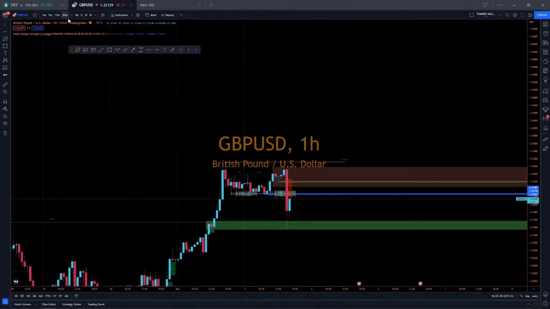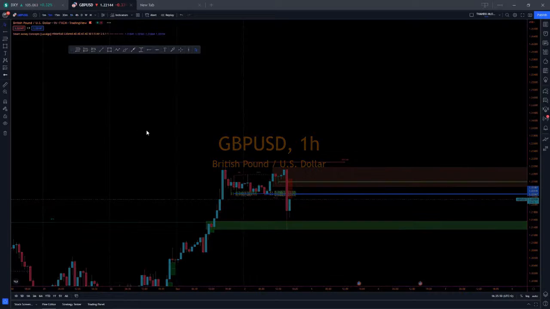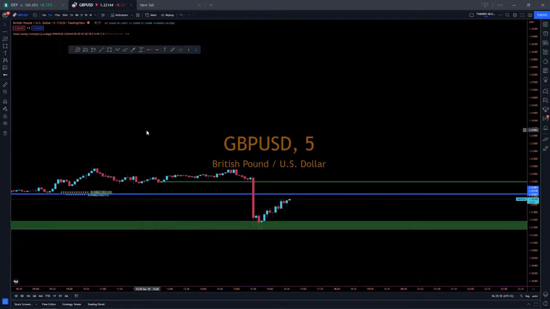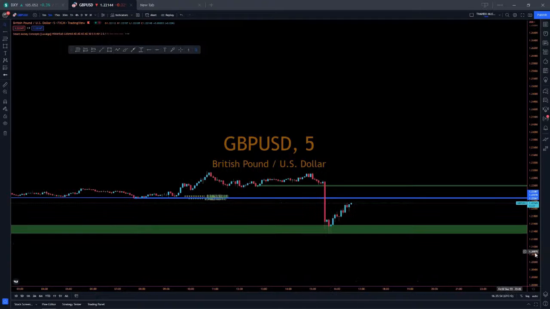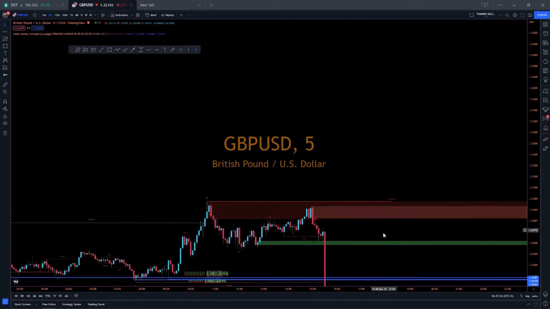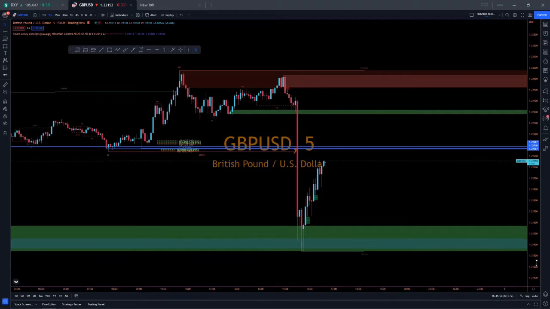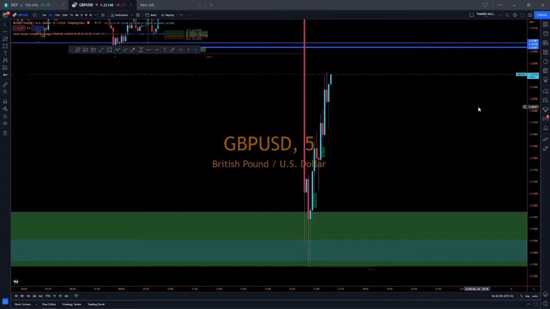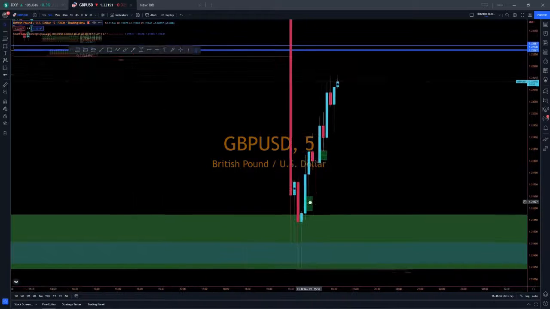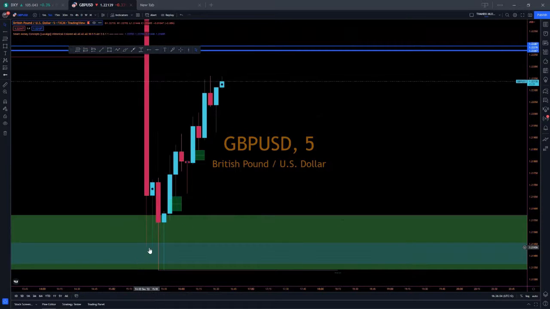Okay, so that was the position, and let me scale it down for you so that you can see why I took the buy and where I took the buy. As you can see from M5, and I saw that from the H1 time frame, so I scaled it down to M5. In that area over there, price tested there the first time, it went up, tested there the second time, it went up, tested there the third time and went up, and closed below that, closed here.